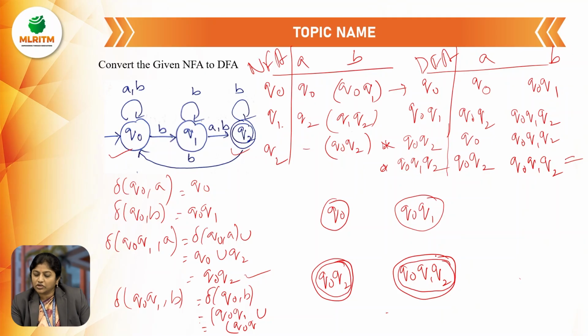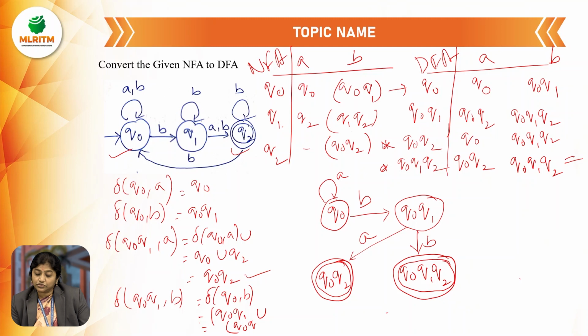Q0 on A is Q0 only, so that is a loop. Q0 on B is Q0, Q1. Next, Q0, Q1 on A goes to Q0, Q2. Q0, Q1 on B goes to this.